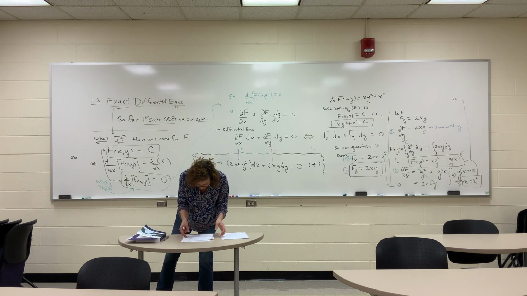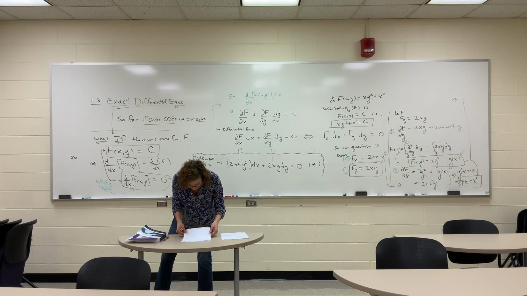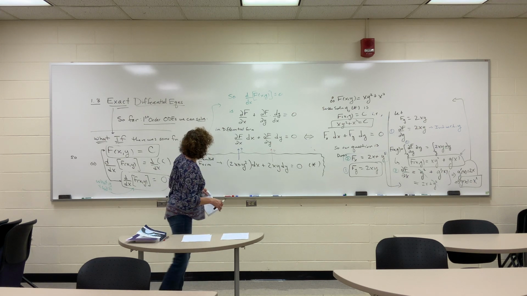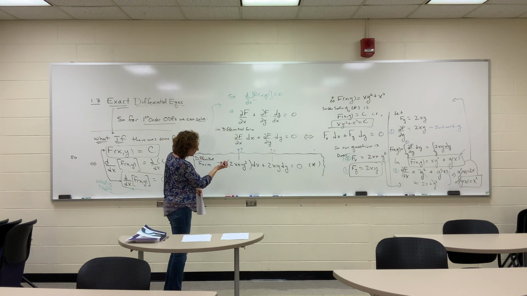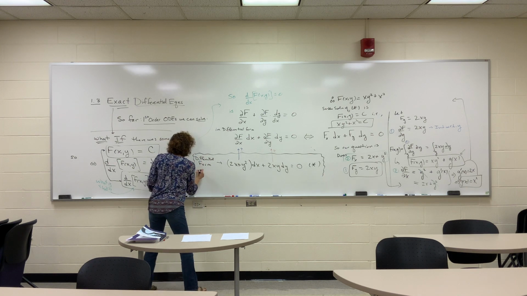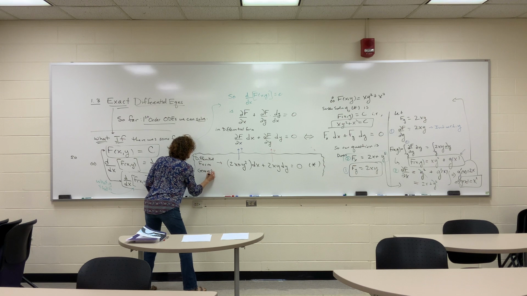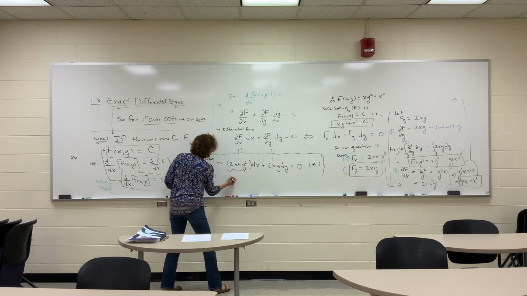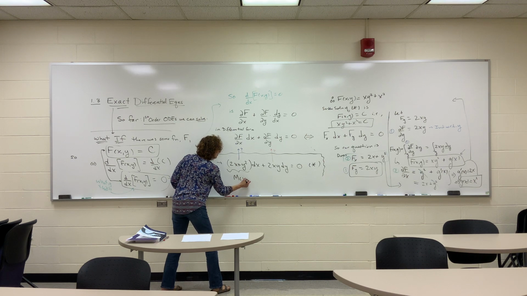All right, let's jump over to how are we going to have a test to see whether this process will work, okay? That's our test for exactness that we're going to look for. So our general form is going to be, well, basically, we've got some function of x and y, so we'll call it m.